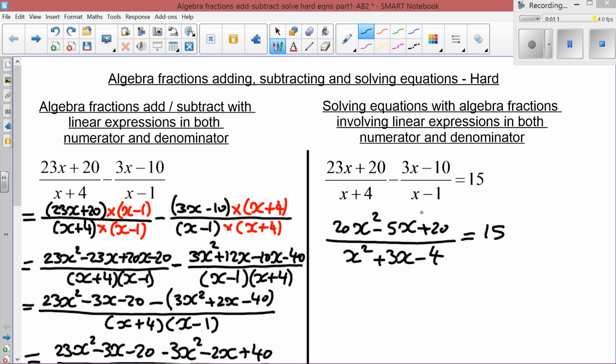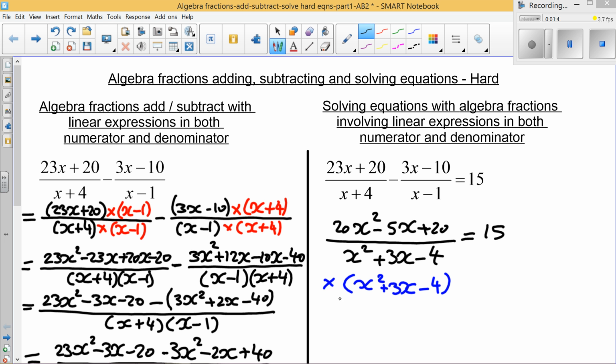Now I have an algebra fraction on the left hand side equals a number term on the right hand side. The next step is to get rid of the denominator by multiplying both sides of the equation by that denominator. So I multiply both sides of the equation by x squared plus 3x minus 4.